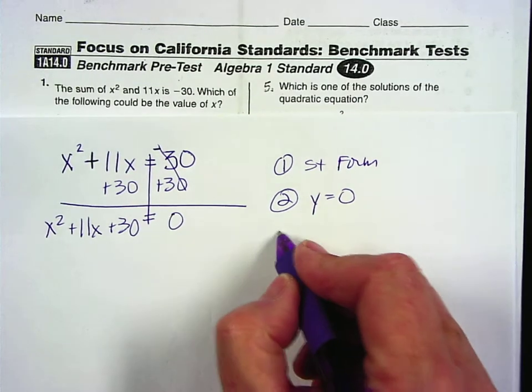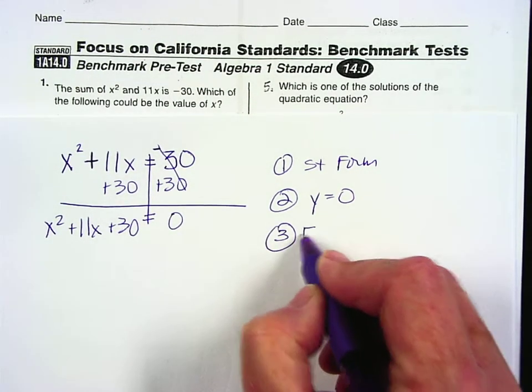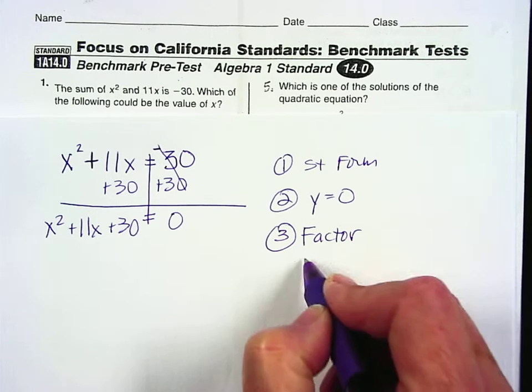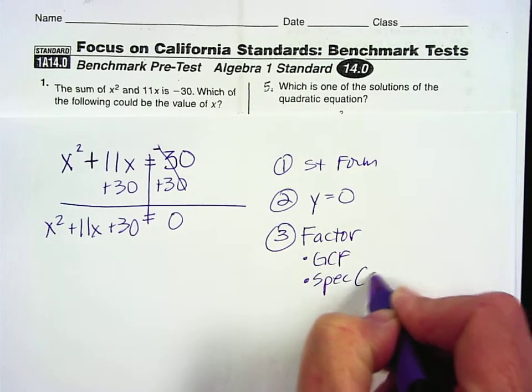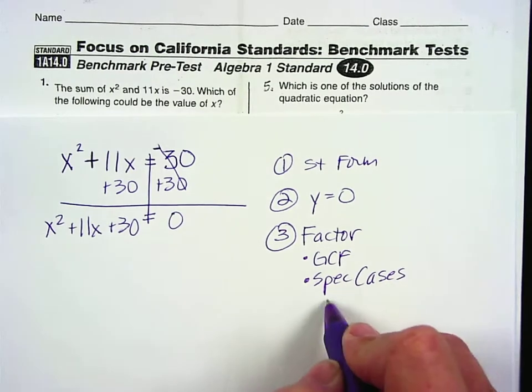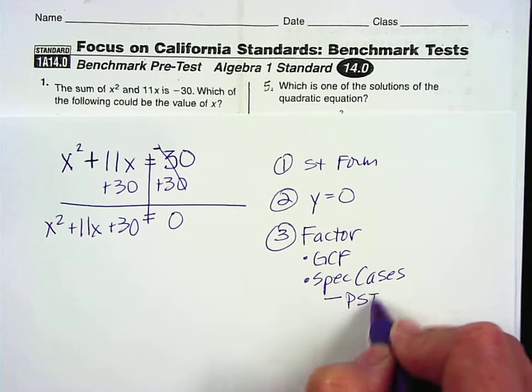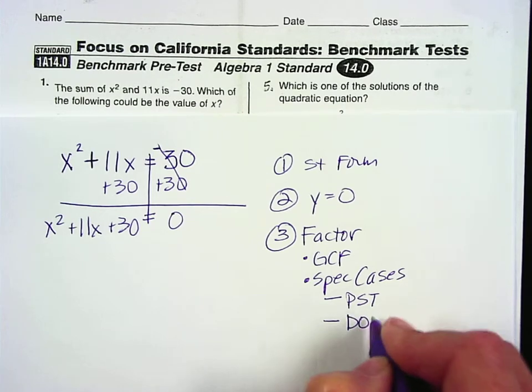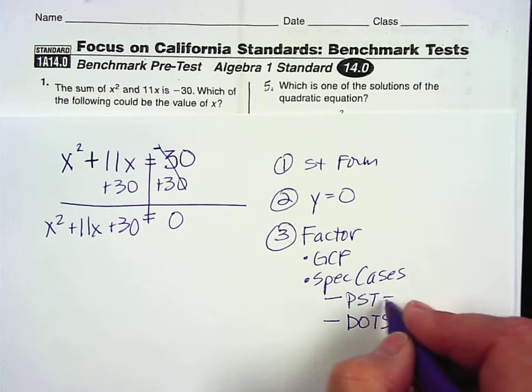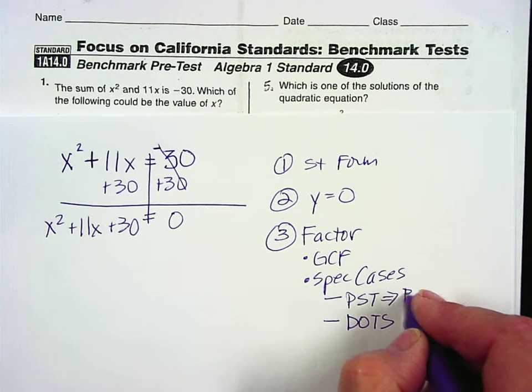Okay, third step is to factor it. And when I factor it, I'm going to do it like I always do. GCF, special cases. Special cases would be PST or DOTS, difference of two squares. If it's a perfect square trinomial, I do a binomial squared.